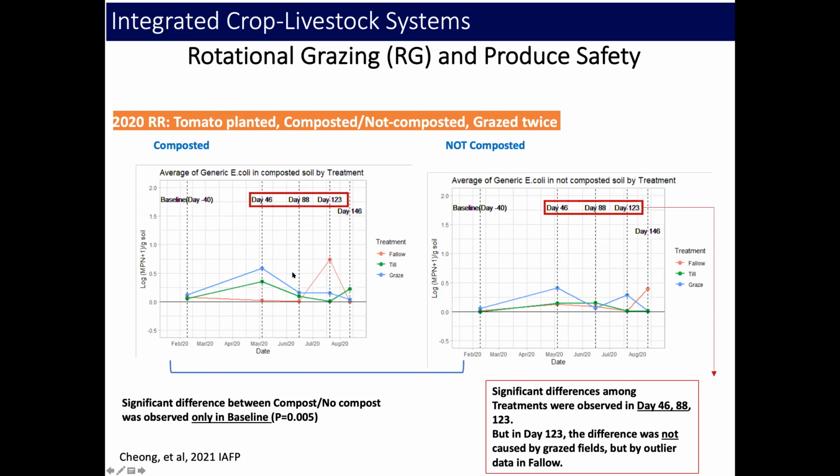So with this third study, we have a better controlled experimental design, and we are looking at not just the food safety or the survival of generic E. coli and STEC in the soil, but also colleagues from Dr. Galdin's lab here at UC Davis are looking at the benefits on the soil health and on the yield as well.